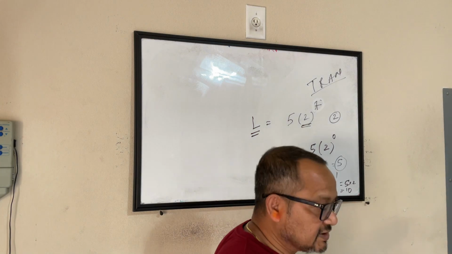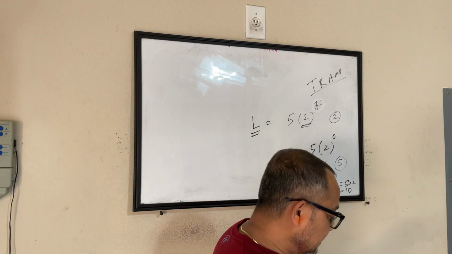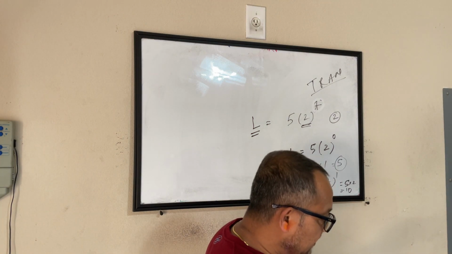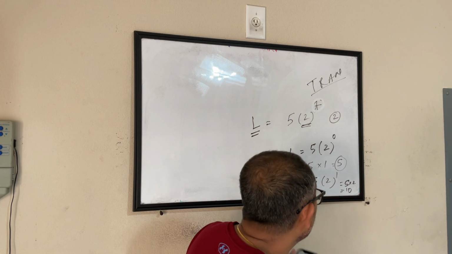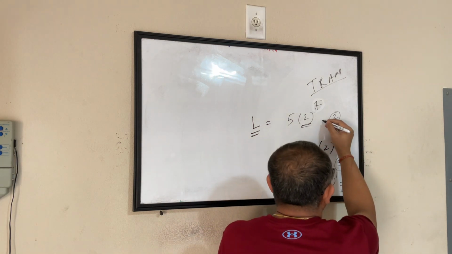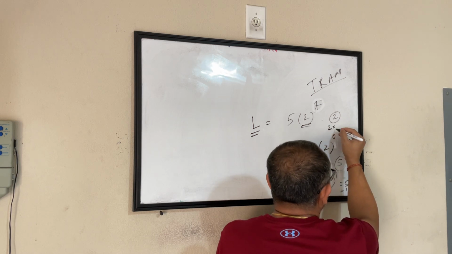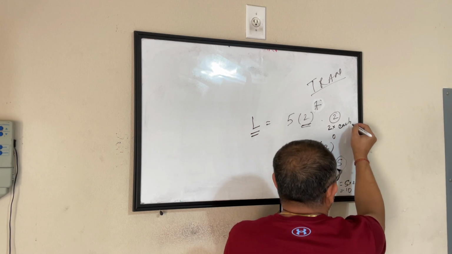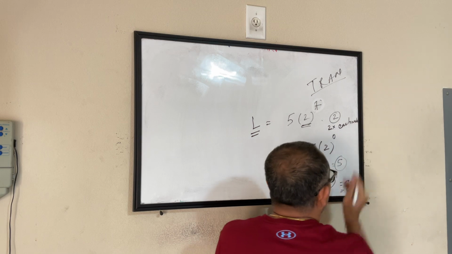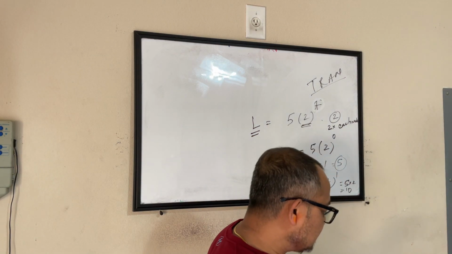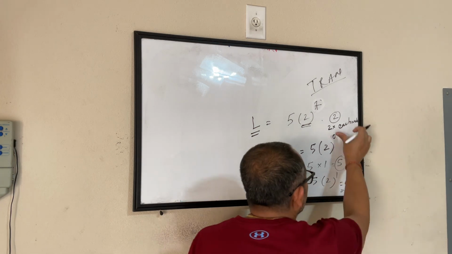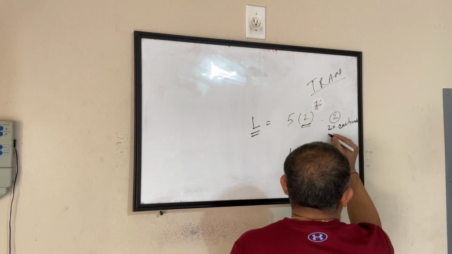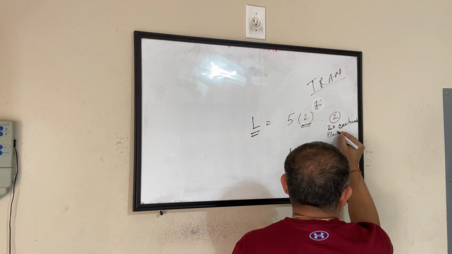The second answer says, the number of leaves is multiplied by 2 each week. And the third option is, the plant was planted 2 weeks ago.